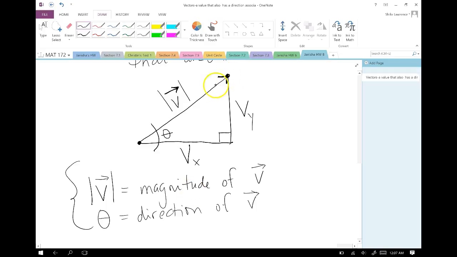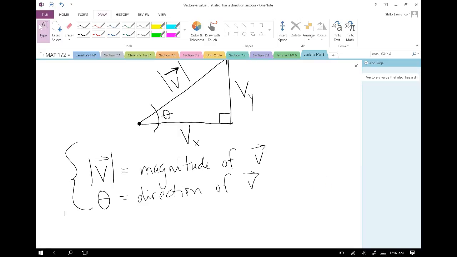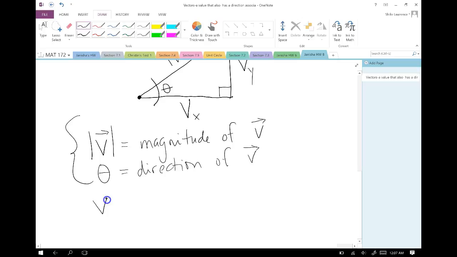And on a right triangle, that's just the hypotenuse and the angle. Another way to represent a vector is with the legs of the triangle, which are the V sub x and the V sub y. And this is the horizontal component and the vertical component.